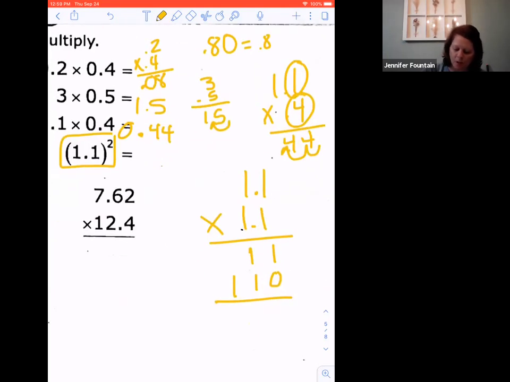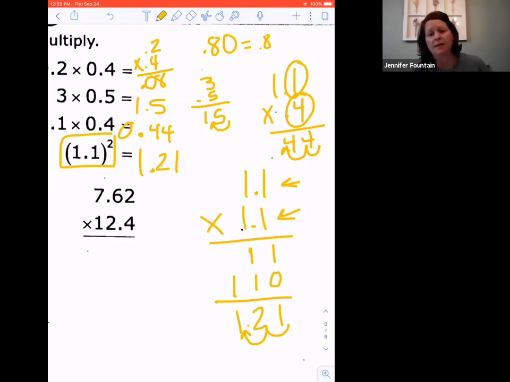Add them up. 1, 2, 1. Now I look at my problem. I have 1 place there, 1 place there. 1 plus 1 is 2. So I start at the end of my number and bring my decimal over 2 places. So my answer is 1.21. Another way you could have done that is just said, hey, 11 times 11 is 121. I've got 2 places for a decimal, so I move my decimal over 2 places. It's up to you.